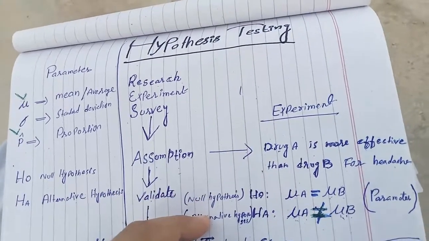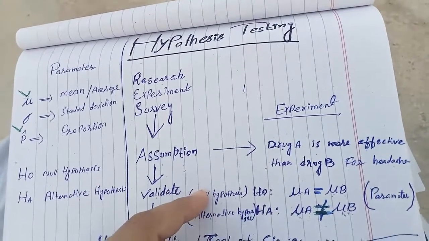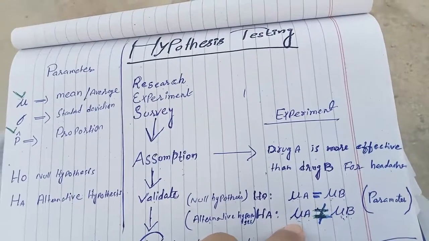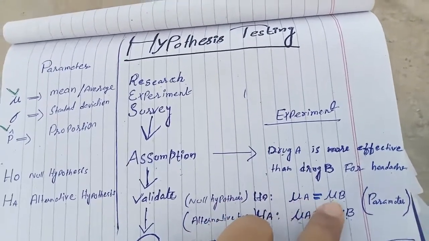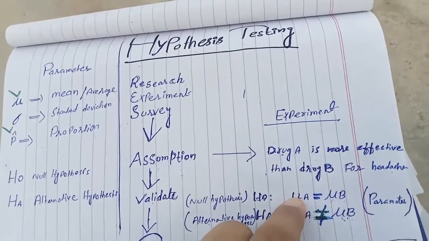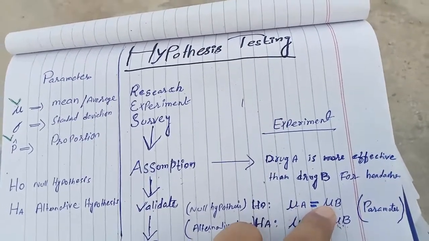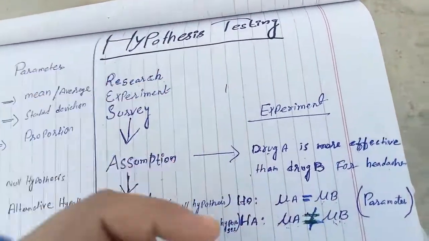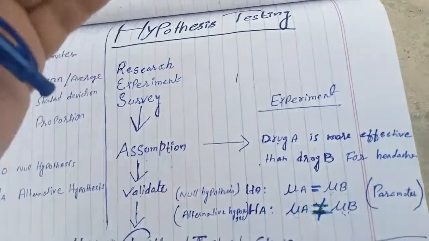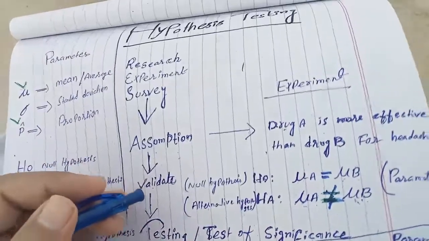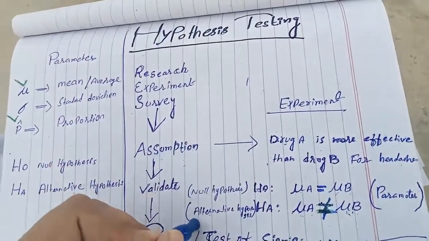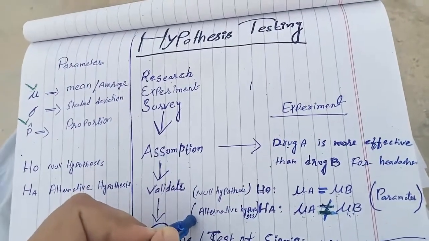What is the null hypothesis? If the alternative says drug A is not equal to drug B, the null hypothesis will say the average person cured by drug A is equal to the average person cured by drug B. That is how we start hypothesis testing, by stating the null hypothesis and alternative hypothesis, right?